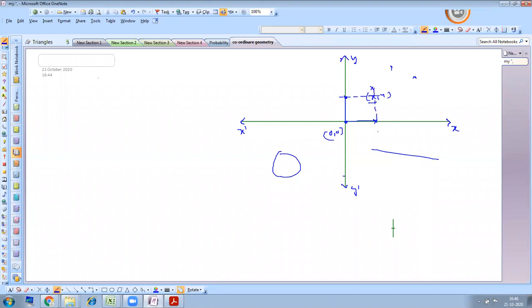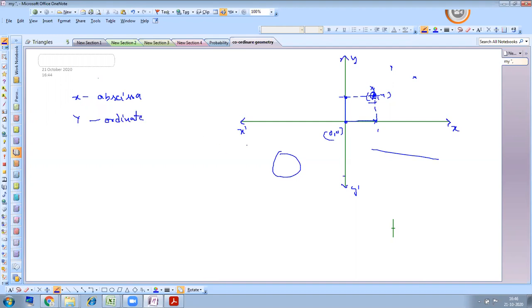If I draw parallel lines at both points, the meeting point gives the location of the coordinates. What is the name of the x coordinate and what is the name of the y coordinate? Abscissa and ordinate. The x coordinate is called the abscissa. The y coordinate is called the ordinate.